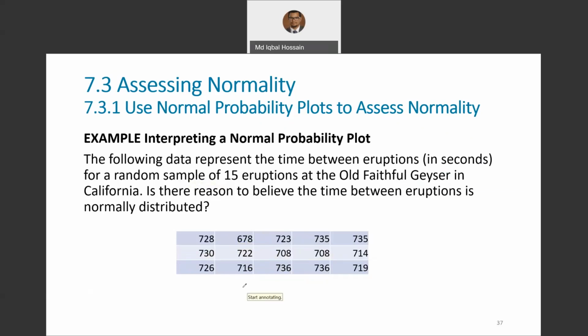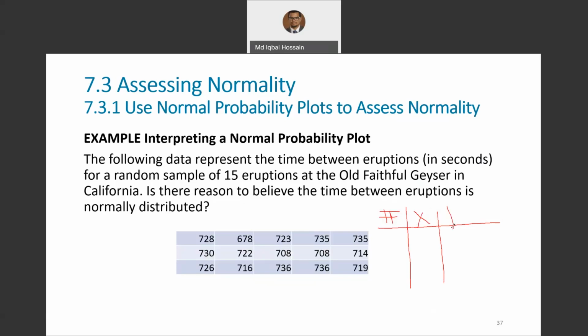But we need to know how the software is working. What it does is write the data set in ascending order. So we have first the number, meaning which data point it is, and this is our data.